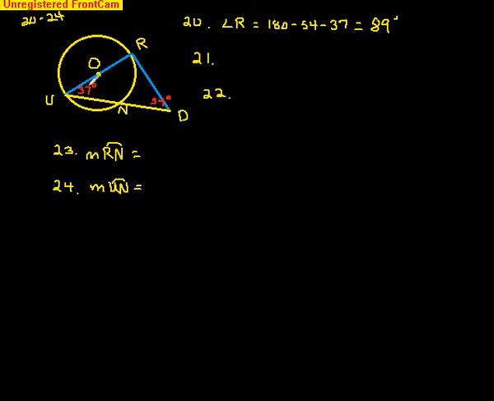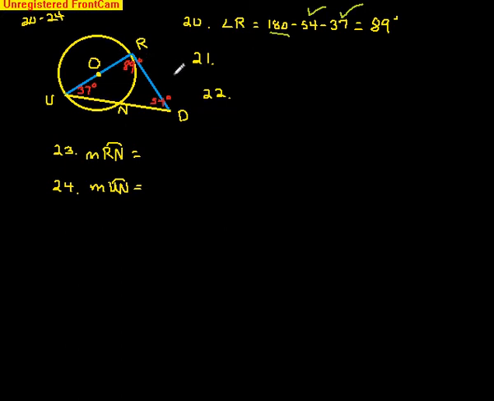Triangles add up to 180 degrees. So I started out with 180, and I subtracted off the 54, and subtracted off the 37, and so we get the measure of angle R is 89. So this one is right here. If we want to just write it in, it's 89 for future reference.